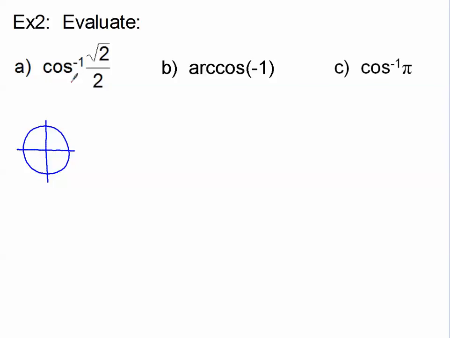It's the x coordinate, so we're talking left and right. Positive would force me to the right, and the square root of 2 over 2 is the one that's right in the middle. So these are the two angles on our unit circle that would force us to go to the right, square root of 2 over 2. Instantly, one of those is x'd out because that doesn't make any sense. We're not in the inverse cosine, we're not in the bottom of the unit circle. We're always in the top, and that's exactly where we are, pi over 4.